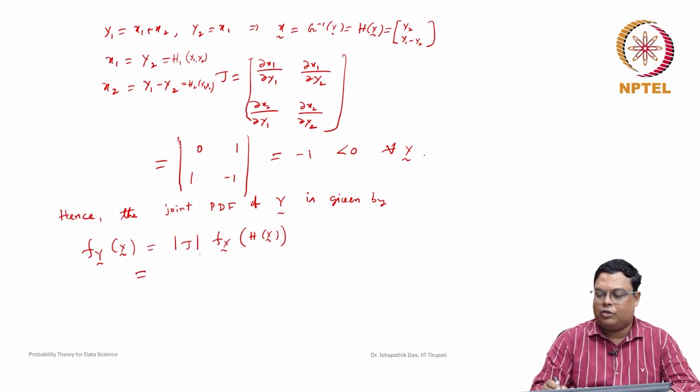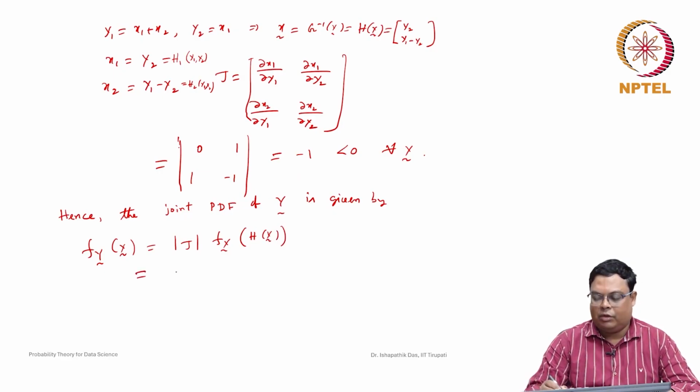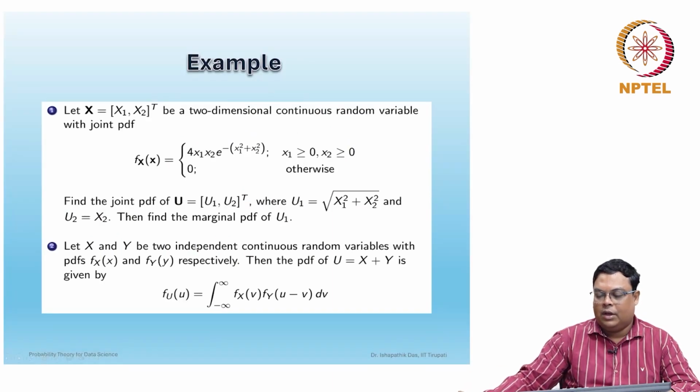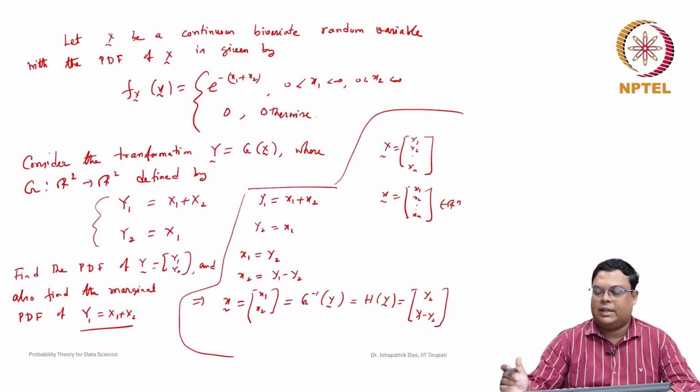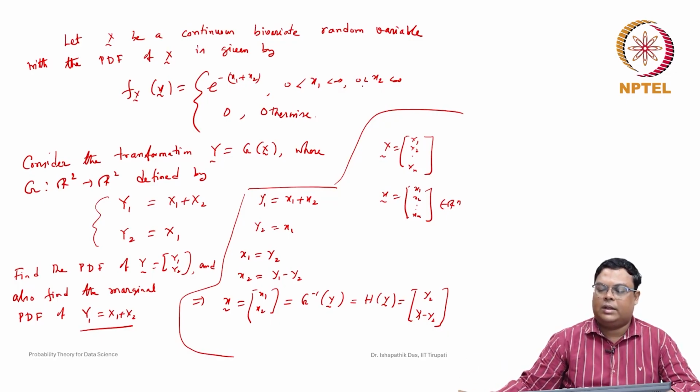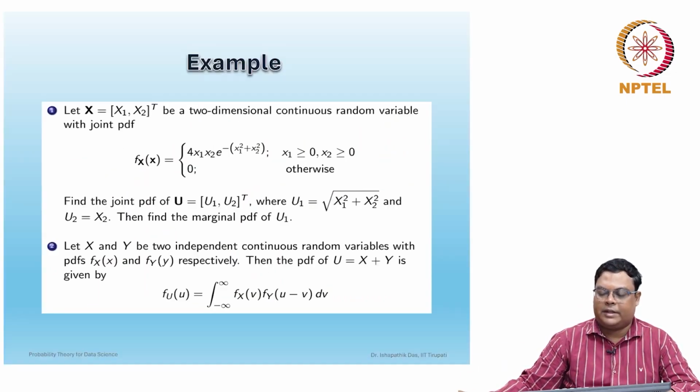Because J is minus 1, its absolute value will be 1. Then we have to find what f of x is. Here you can see that the support is 0 to infinity, 0 to infinity. Now this will be e to the power of minus x1 plus x2.